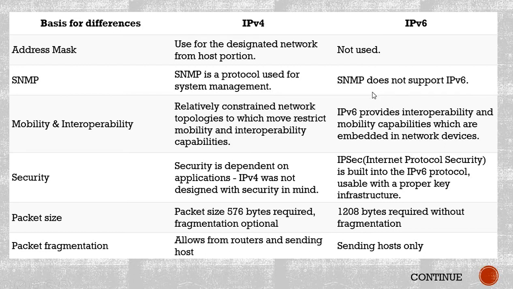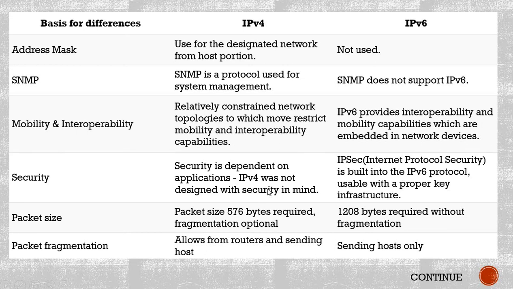In IPv6, SNMP is not supported. Then the next part is a relatively constant network topology, which restricts mobility as well as interoperability capabilities, and within IPv6 this is embedded in the network devices.